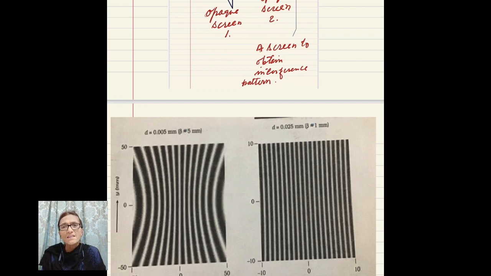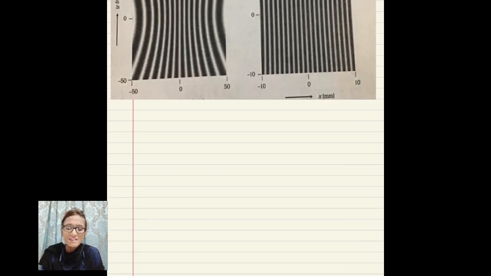So the shape of the fringes is hyperbolic when the distance of the screen is small.